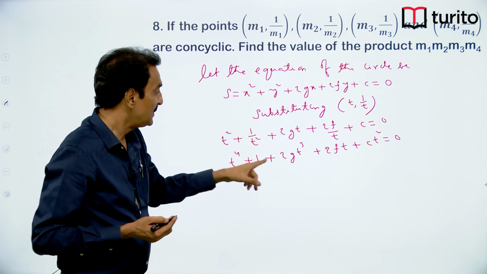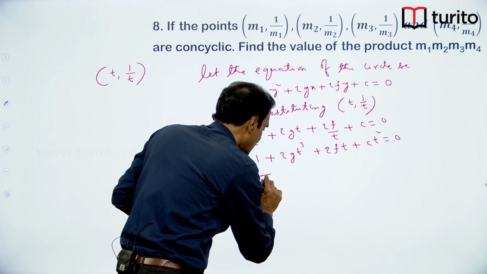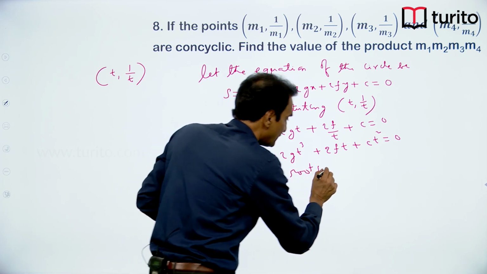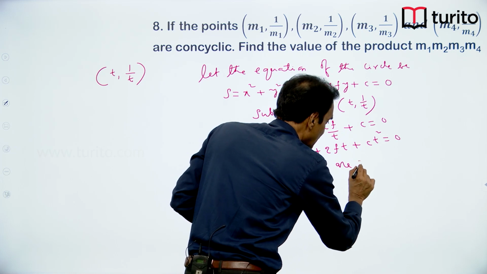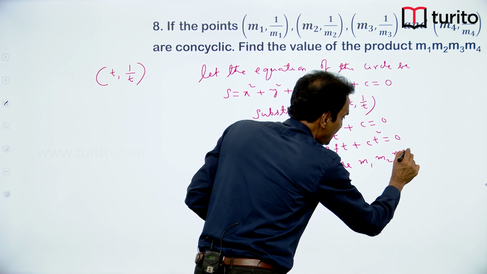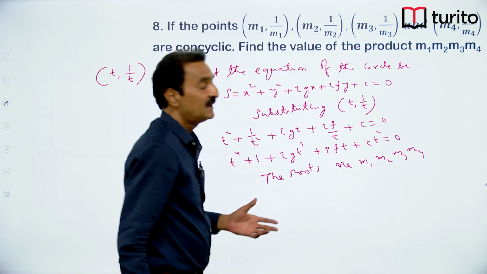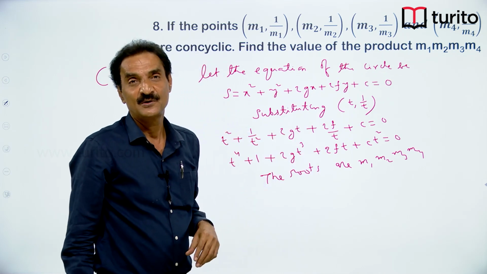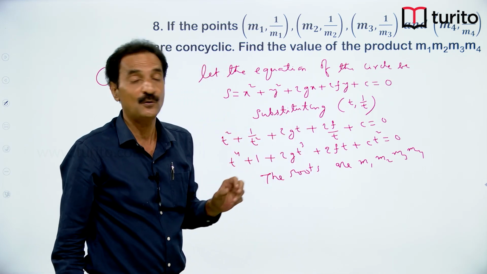Okay. So, the roots are m1, m2, m3, m4. Now, what do you want? Product of the 4 roots. You want the product m1 m2 m3 m4.